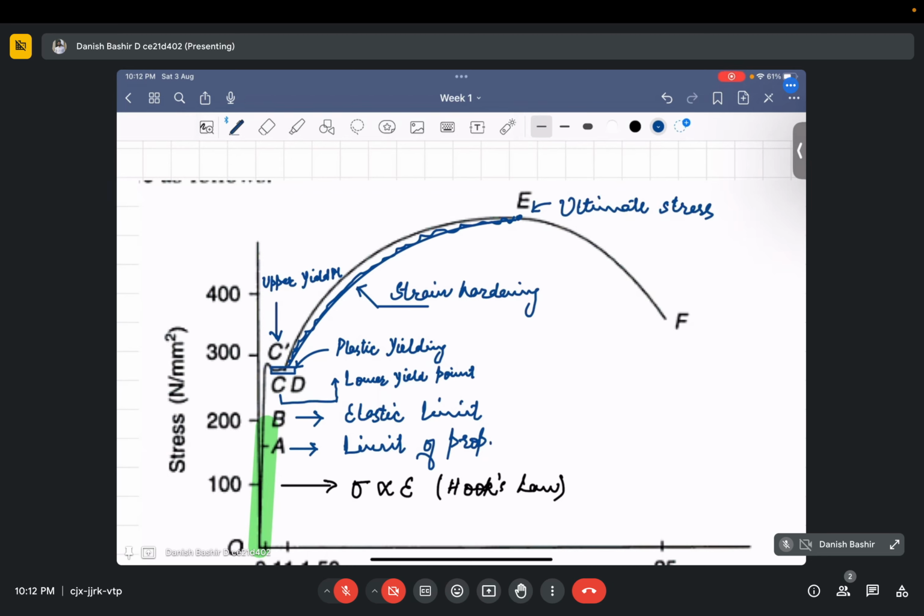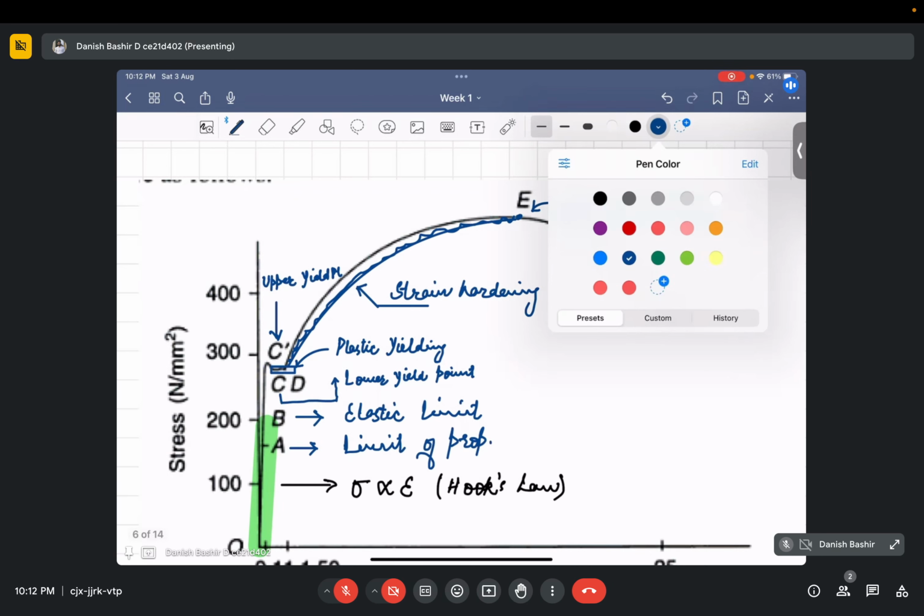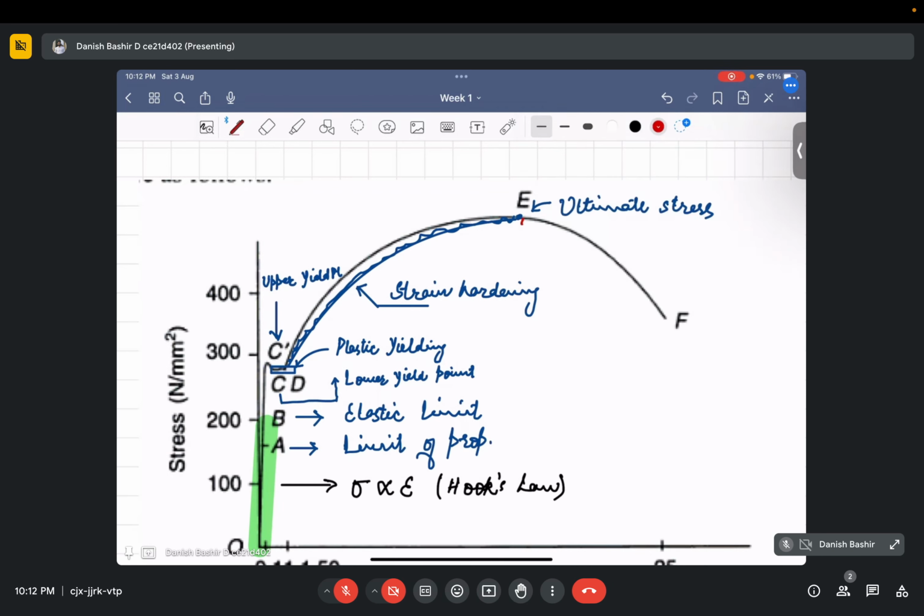After that, the EF region, I will show it in a different color.